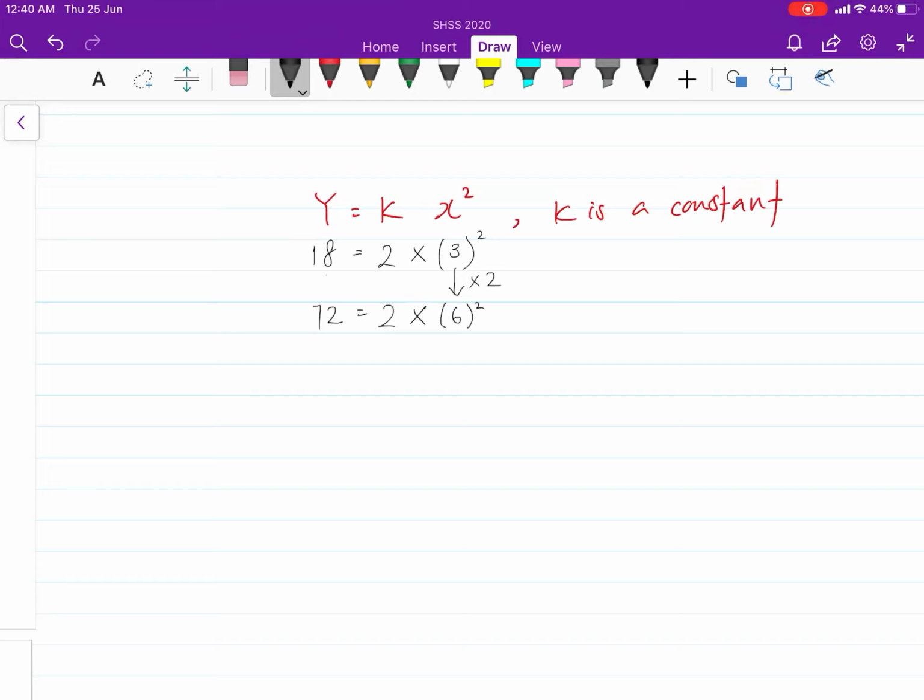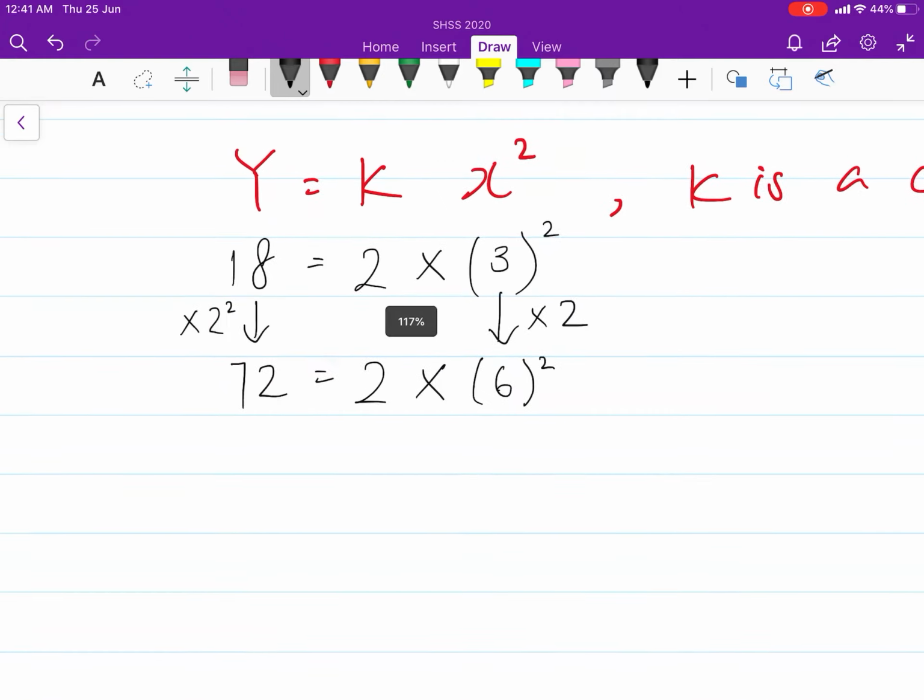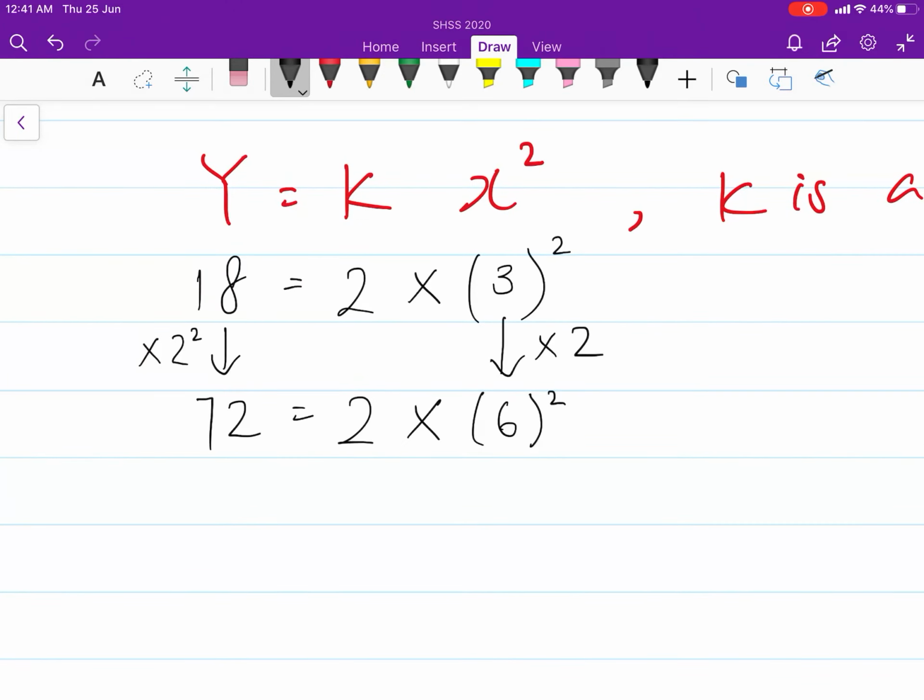And how does 18 increase to 72 if I times 2 here? If you take 72 divided by 18, you will get 4, which is actually 2 squared. You realize? So when x increases by 2 times, y will increase by 2 squared. You'll be asking where the square comes from. It's because of this square over here.